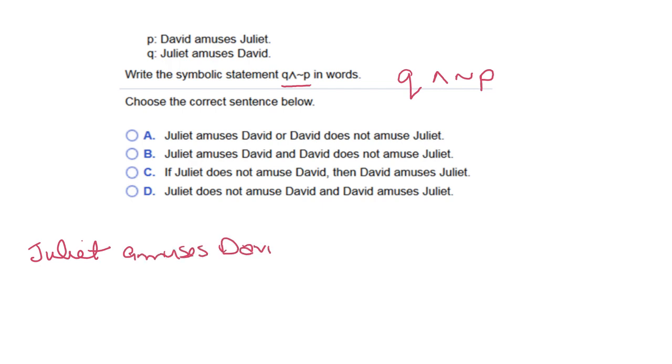Then we have rooftop, which is a conjunction meaning and. And then we have the tilde with the P, meaning not P. So since P represents David amuses Juliet, the not would be David does not amuse Juliet.